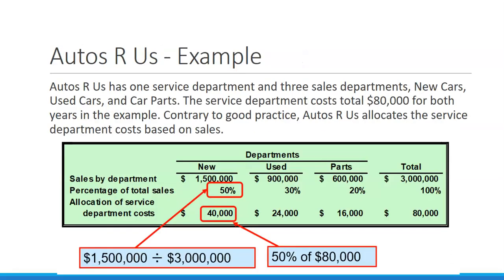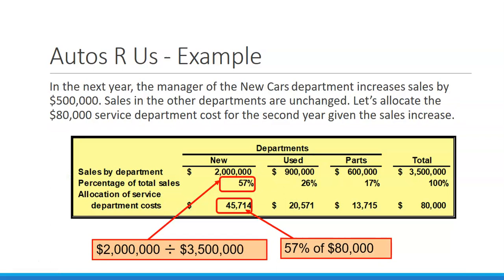Here's an example where we've used percentage of total sales instead of an actual usage amount. And so we allocate the service department cost to our three sales departments based on those sales. Now, in the next year, when the amount of those sales change, then the allocation also changes.